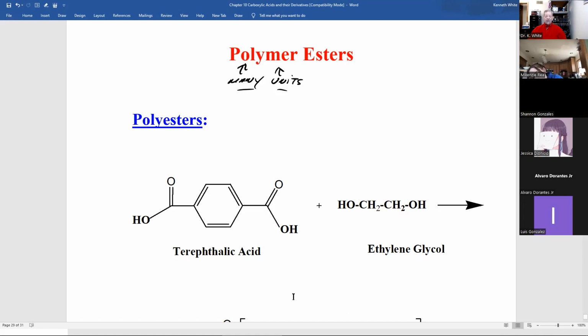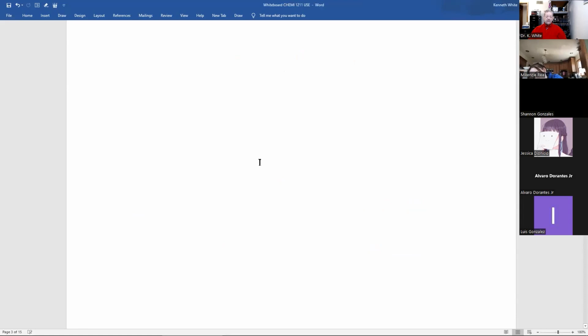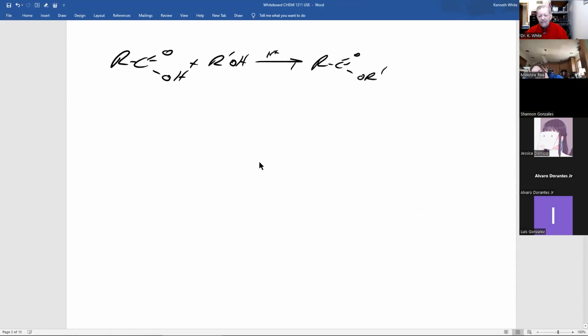Now, what I'm going to write on the whiteboard, you do not have to write down. This will not be on a test, but it helps answer the question, why are you learning this? Take a carboxylic acid, alcohol, acid catalyst, you'll make an ester.